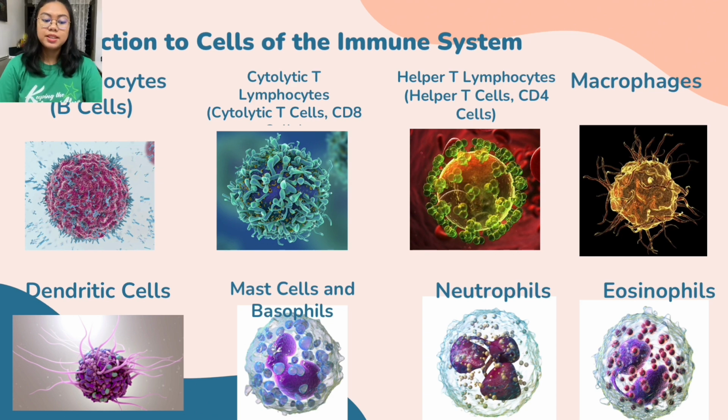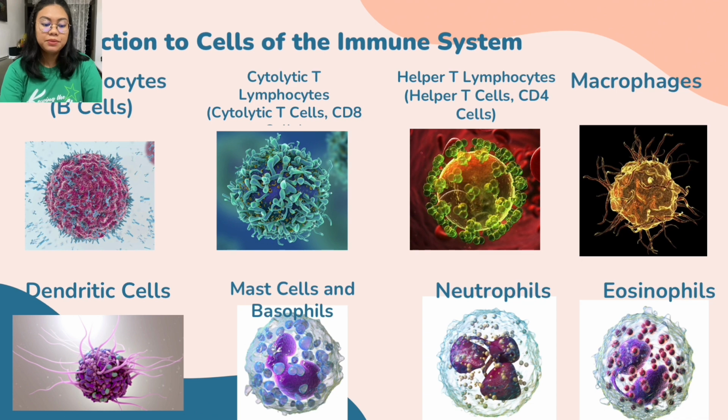B cells have the job of making antibodies. Hence, B cells mediate humoral immunity. Cytolytic T lymphocytes, or cytolytic T cells, or CD8 cells, are key players in cellular immunity. These cells do not produce antibodies, rather they attack and kill target cells directly.